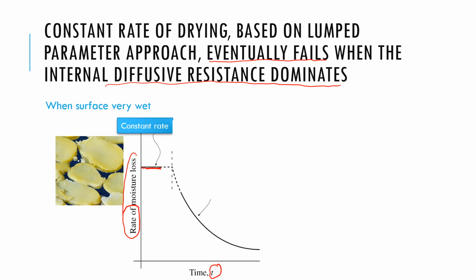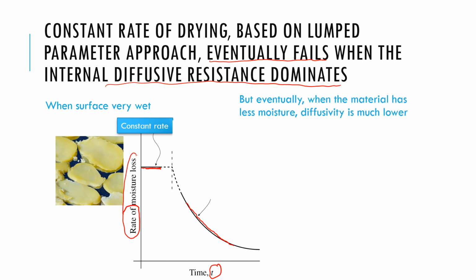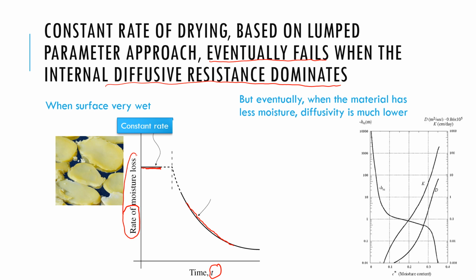So eventually we know that drying rates kind of fall like that. So this material, when it has less moisture, its diffusivity is lower. This is actually not data for food. This is for soil, but it's representative of a porous medium, which we can treat the potato or most of the food to be.